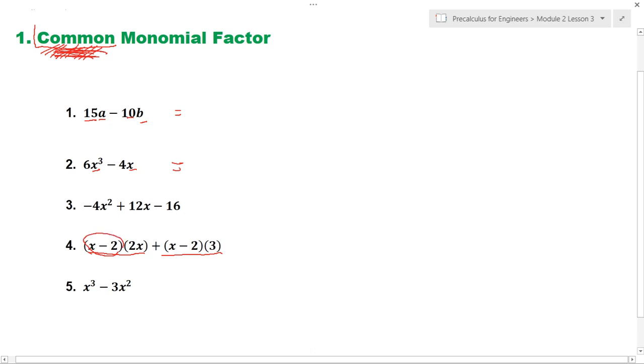Therefore, we need to extract this x minus 2. Factor out, we have x minus 2 times what's left on the first term, which is just 2x. How about on the second term? Just 3. So, 2x plus 3. So, that is how you factor out a common factor.